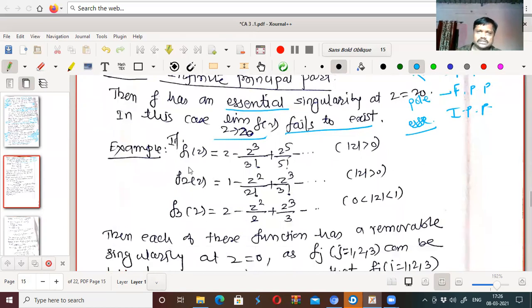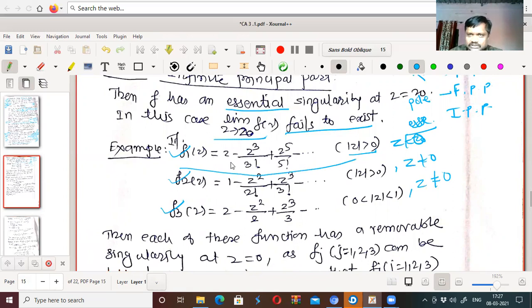Now we have been given these three functions here: f1(z), f2(z), f3(z). Now f1(z) is given for mod z greater than 0, that is z not equal to 0. This is also for z not equal to 0, and this is also for z not equal to 0. So for f1(z), as this has a series expansion in which negative powers of z are absent, that means the principal part is absent.